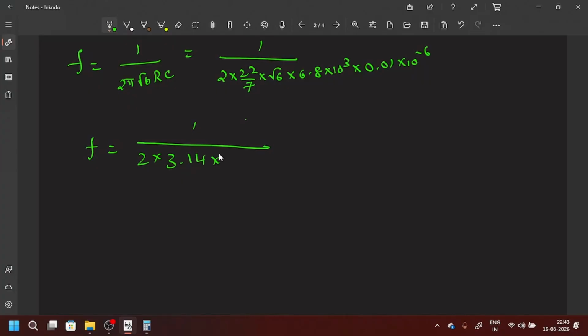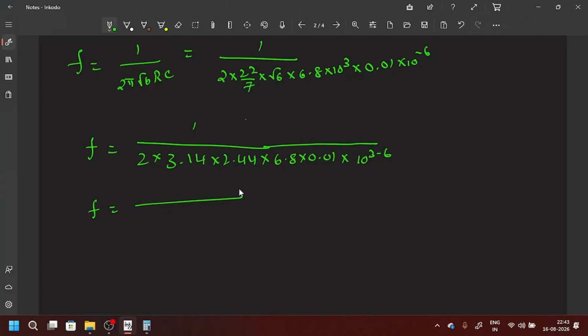Where is square root? Yeah, square root of 6 is 2.44. So this is also correct. 2.44 multiplied by 6.8 multiplied by 0.01 multiplied by 10 to the power of 3 minus 6.